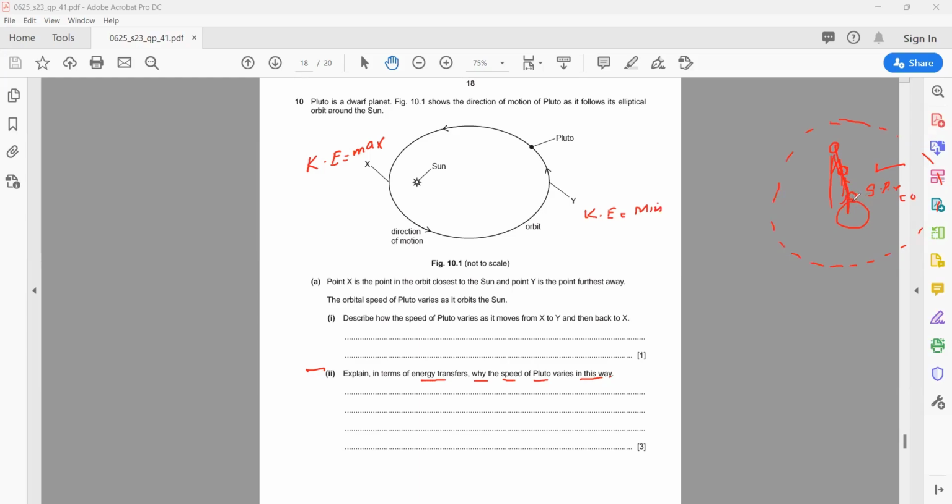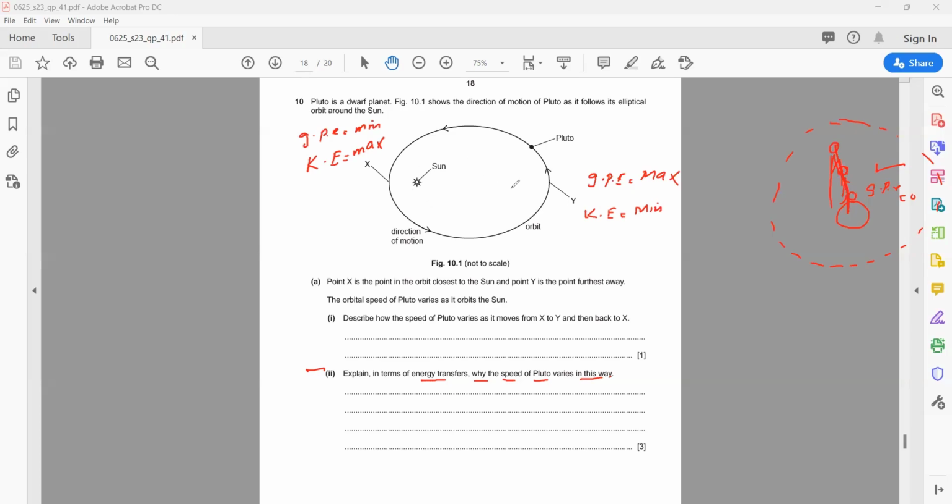So here we keep the Sun. If we keep this thing here, it has maximum distance at Y, so it means at Y gravitational potential energy is maximum, and here gravitational potential energy is minimum. Understand?